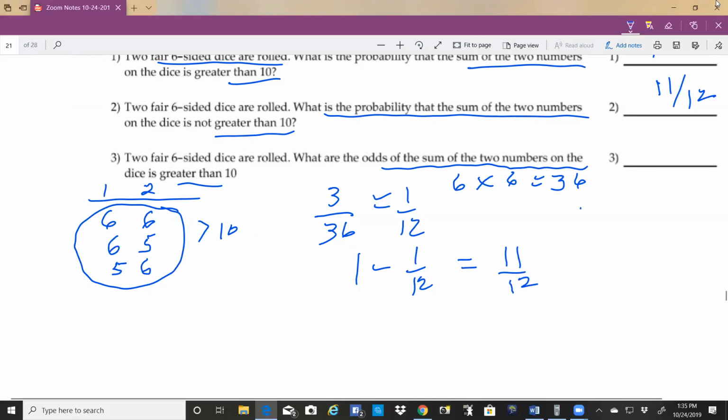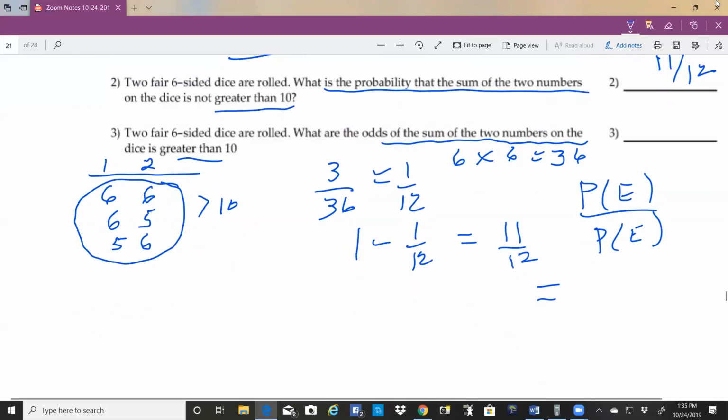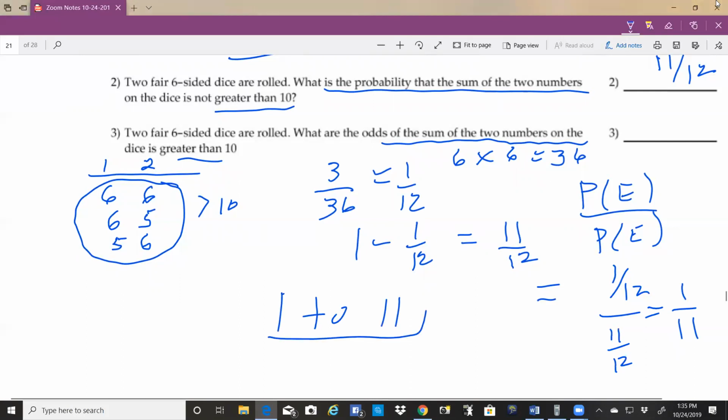Well, it's going to be the probability that it is greater than 10 divided by the probability that it's not greater than 10, which is 1/12 divided by 11/12, and that is equal to 1/11, which is 1 to 11. So the odds against that are actually 11 to 1.